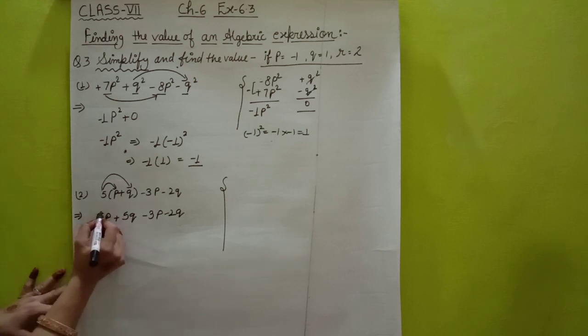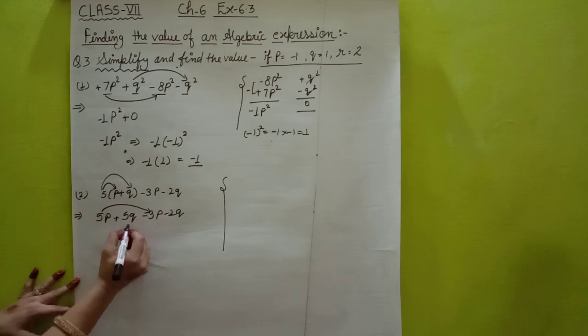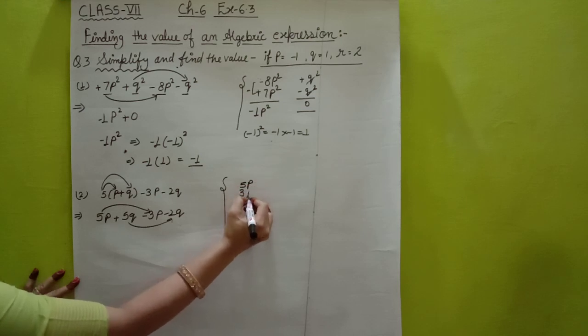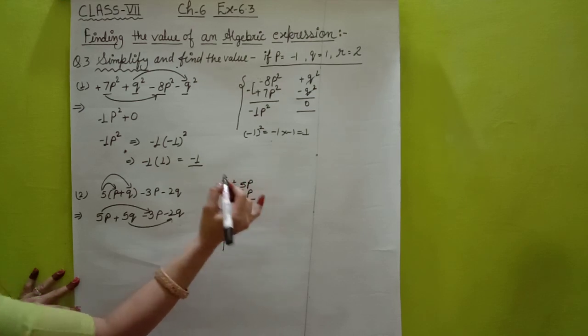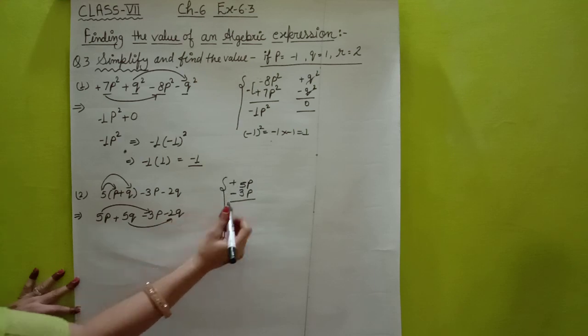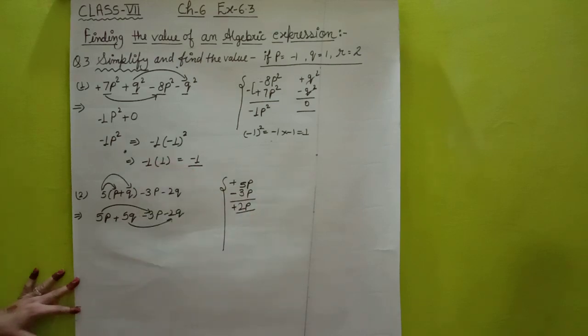Again, you can see 5p and 3p, we can solve both, and 5q and 2q we can solve. So first of all, 5p, then minus 3p. It has a plus sign, it has a minus sign. Plus minus is minus. 5 minus 3, 2p with the plus sign, because the greater number has the plus sign.